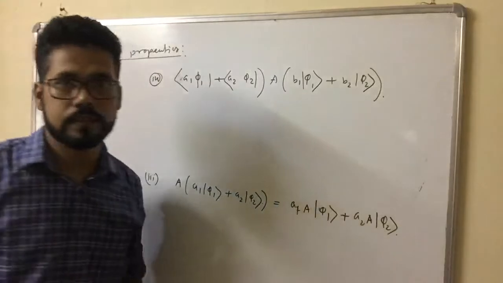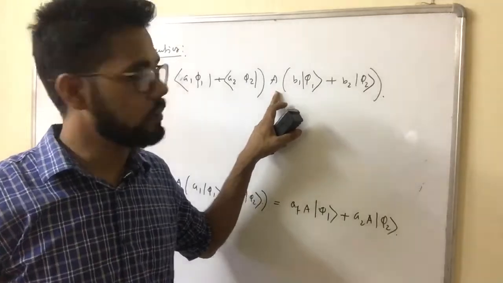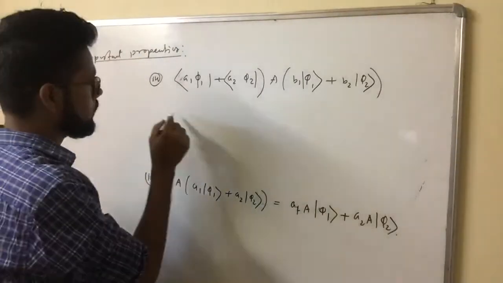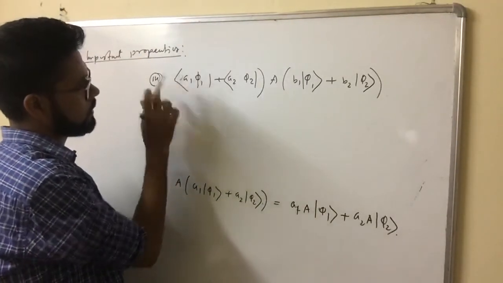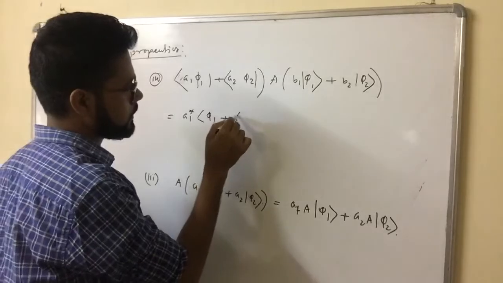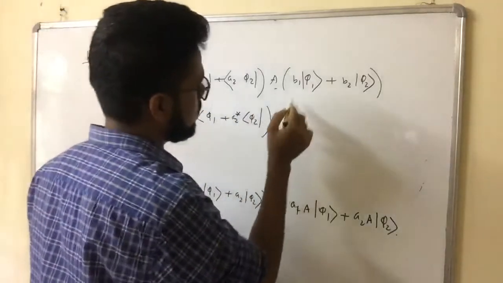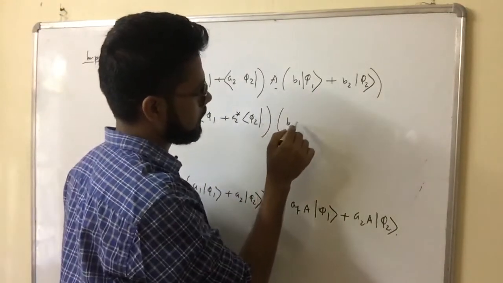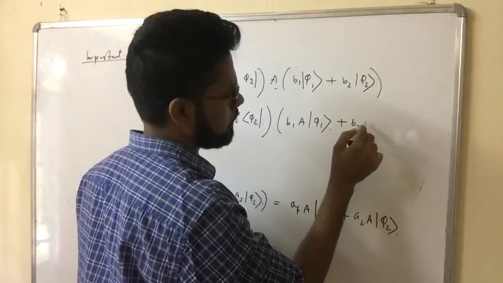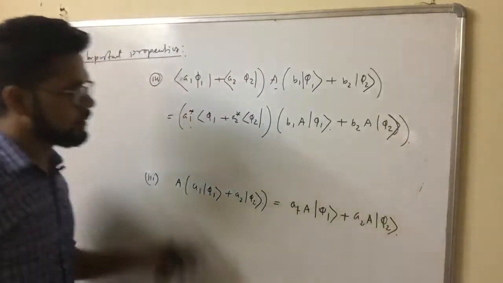If I take the product, always remember this A is the operator. It may be momentum, it may be energy, whatever, we don't know. This operator will operate on this particular function, not that function. Then you can do one thing. This is a complex conjugation: a1 star phi 1, a2 star phi 2. Clear? Then b1 is a constant, b1 will come out, then the operator acts on phi 1, and b2 comes out, A phi 2.